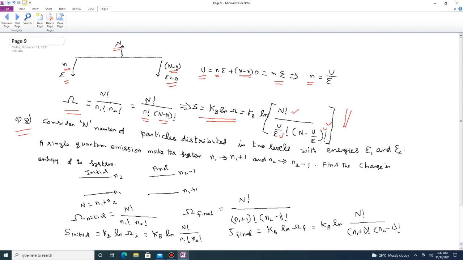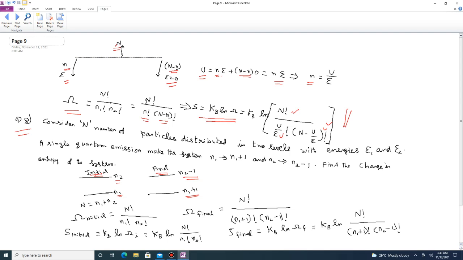Find the change in entropy of the system. Here this is the initial state: there are n1 particles at one level and n2 at the other level. In the final state, after the transition, n1 goes to n1 plus 1 and n2 goes to n2 minus 1.